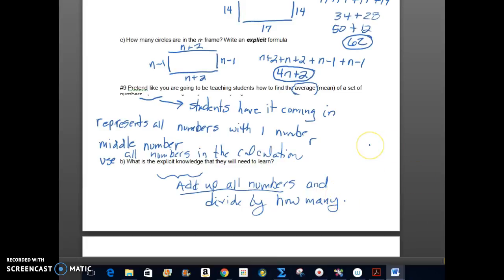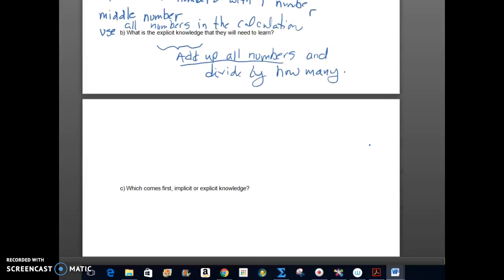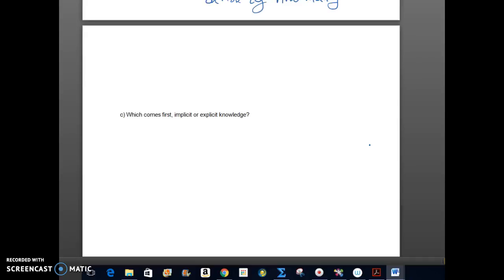Right, so I don't care that you know about averages, guys. It's, do you know the difference between implicit and explicit? Okay. So which comes first, implicit or explicit? Implicit. You start with implicit, you go to explicit.